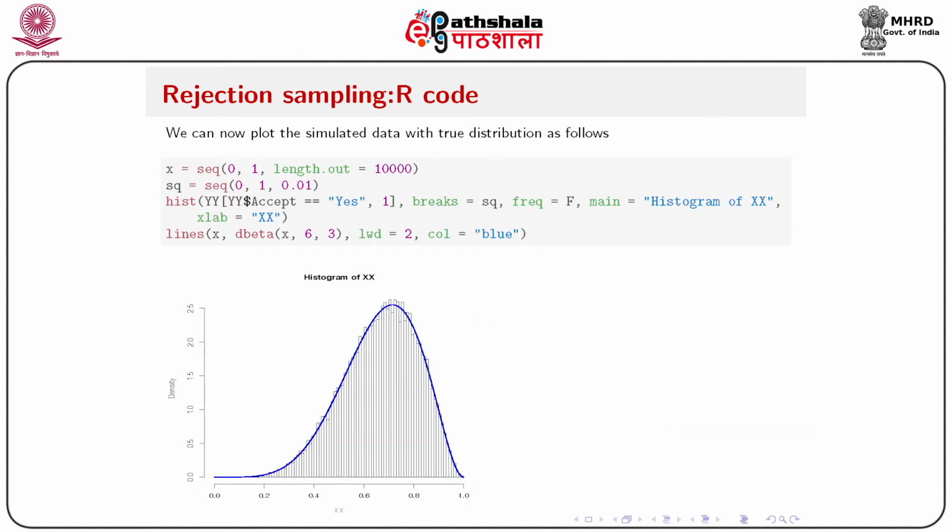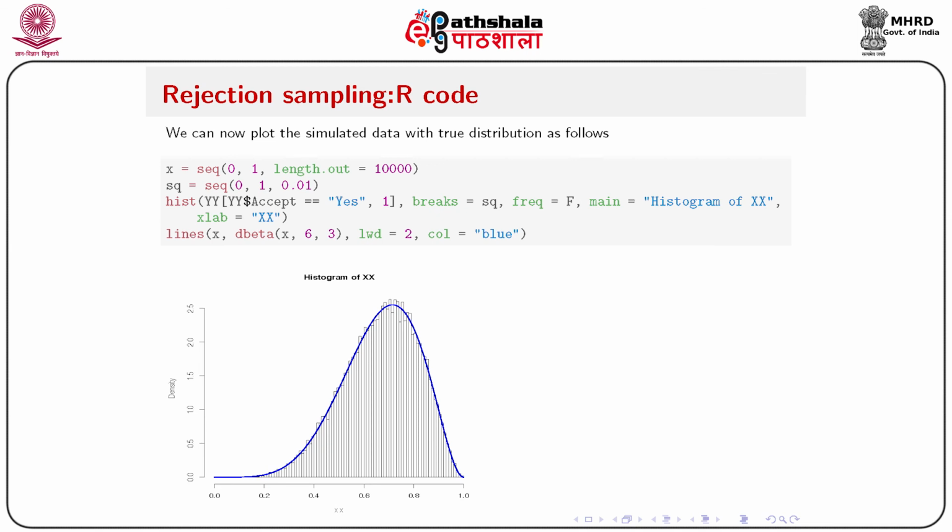Now we can plot the simulated data with the true distribution as follows. Suppose x equals a sequence from 0 to 1 with length 10,000, so 10,000 real numbers are generated sequentially in increasing order. Then sq is another sequence from 0 to 1 by an increment of 0.01.